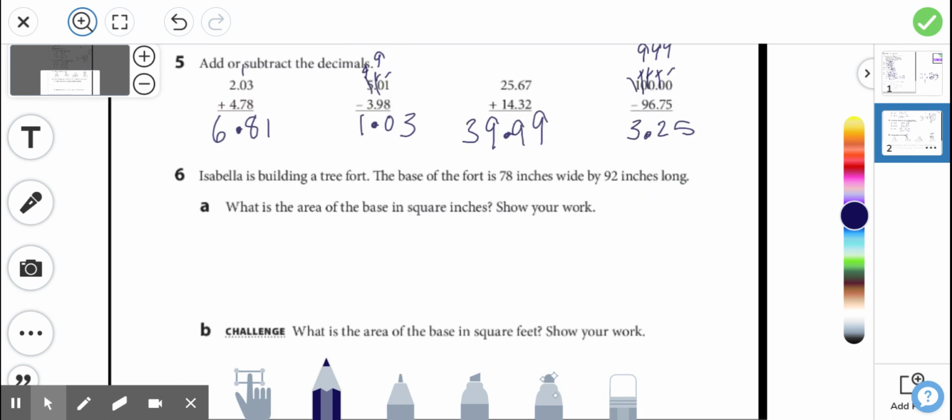For number 6, we have Isabel is building a tree fort. The base of the fort is 78 inches wide by 92 inches long. What is the area of the base in square inches? Length times width. We've got 78 times 92.